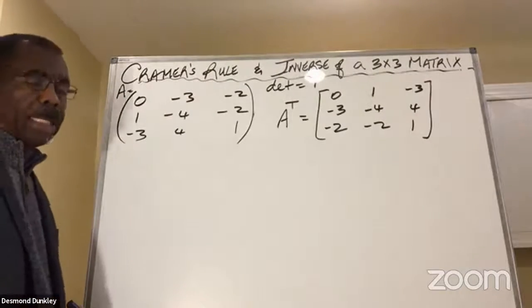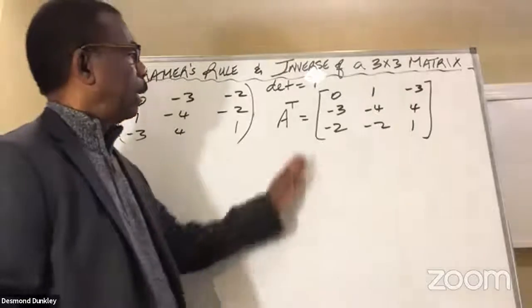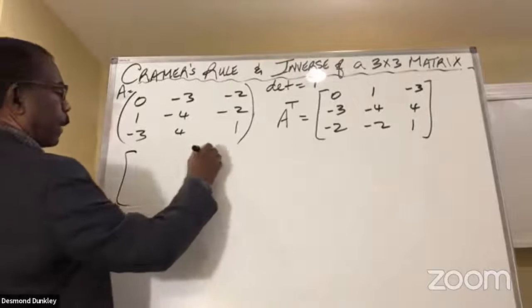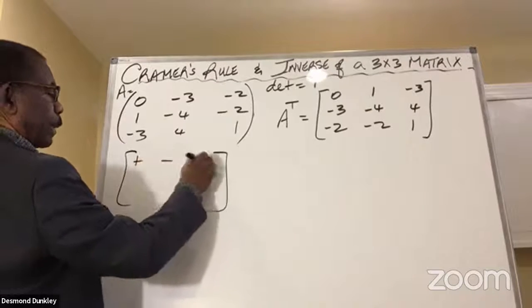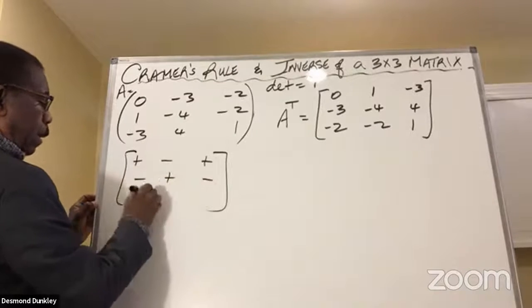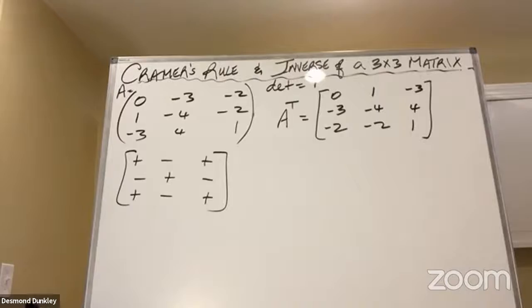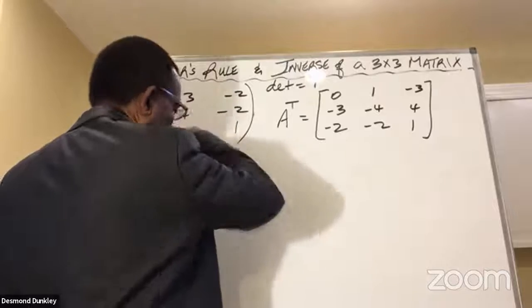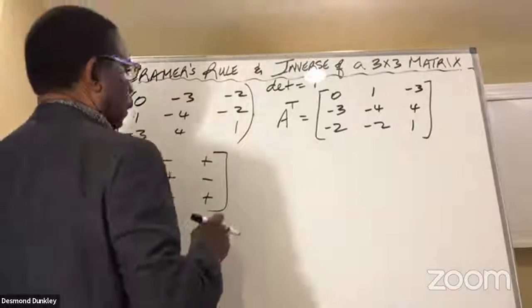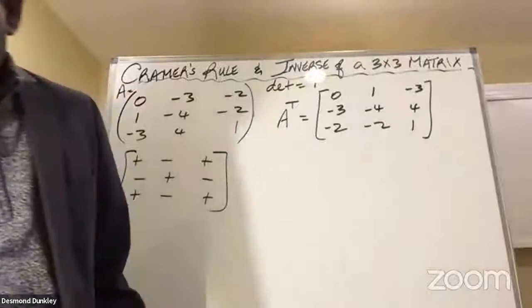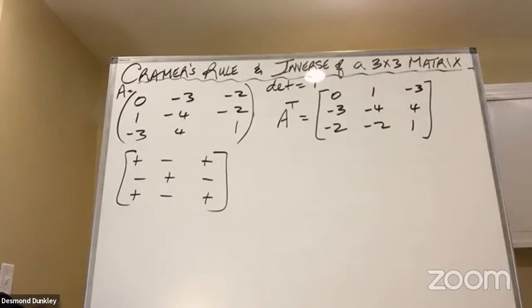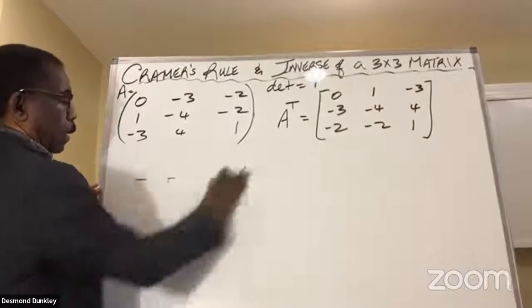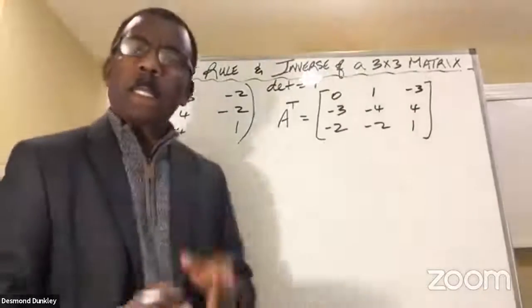Now, the next step is to multiply this matrix by this pattern here, the pattern of pluses and minuses. So we're going to multiply this by this. Before we do that, let's do the matrix of minors first.